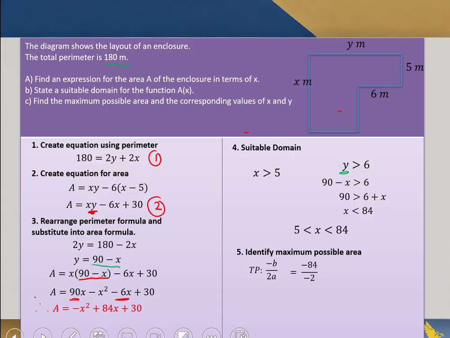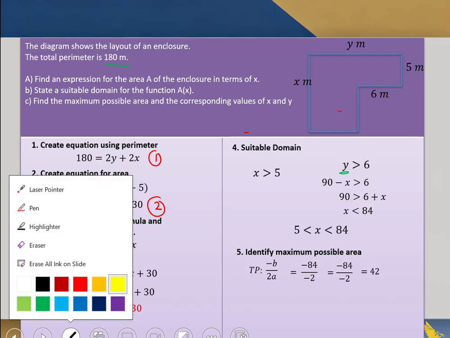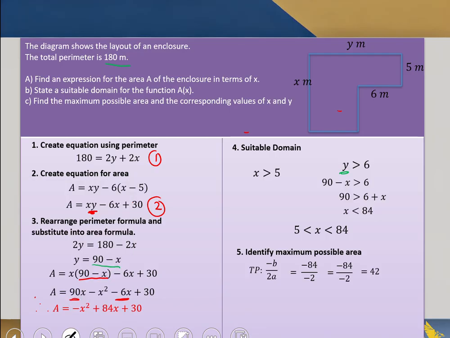So I plug those in. I've got negative 84 over negative 2, and the negatives cancel out, and I've got 42. So now I've got this, I'm just going to grab this and substitute it into my formula to find the maximum area, which is 1,794 meters squared.